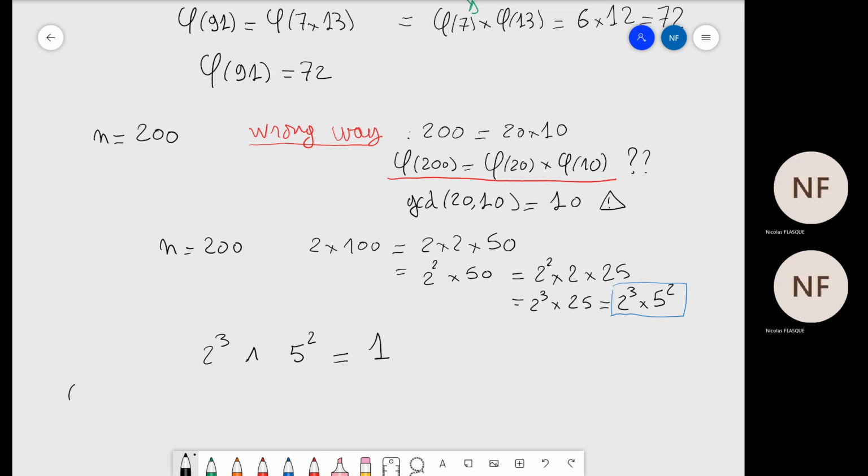So phi of 2 to the power of 3 times 5 to the power of 2, as we know that the GCD of those numbers is 1, so that actually 8 and 25 are coprimes, we can write the following thing: it is equal to phi of 2 to the power of 3 times phi of 5 to the power of 2.